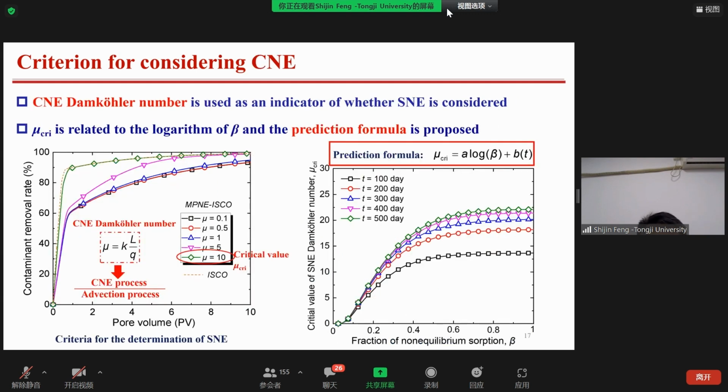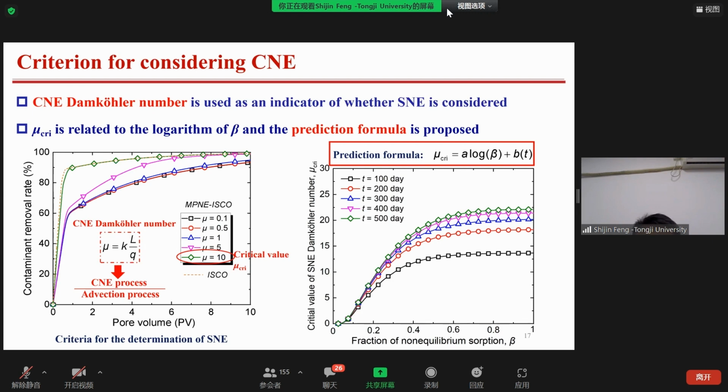Similarly, the CNE Damköhler number, which is associated with the second-order reaction rate, is proposed as an indicator of whether CNE needs to be considered. When the CNE Damköhler number is larger than the critical value, for example, 10 in the left figure, the effect of CNE can be ignored.